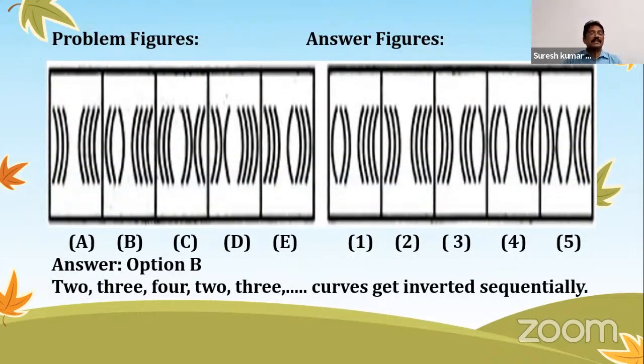Here some lines are given. You have to find the 2, 3, 4, 2, 3, 4 and observe it. Now count the number of lines. Okay, count these number of lines. 1, 2, 3, 4. 1 is covered. 4. 3, 2 lines are inverted.